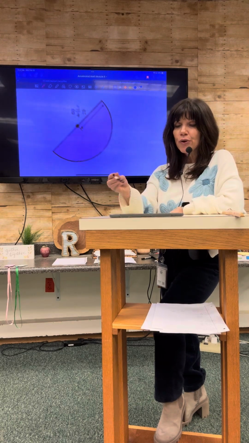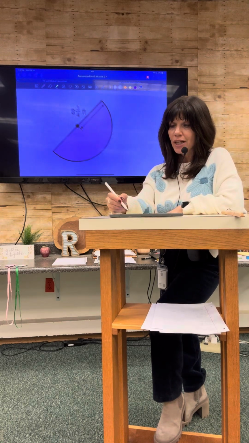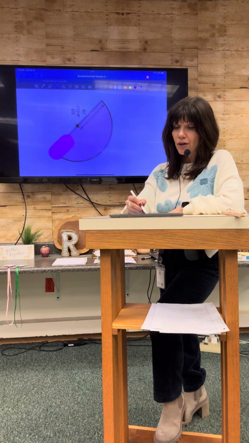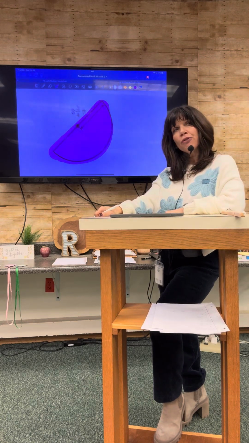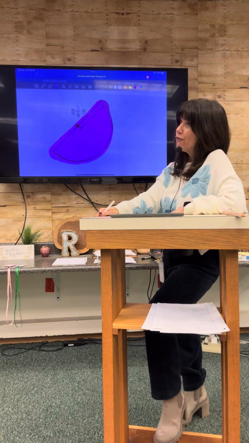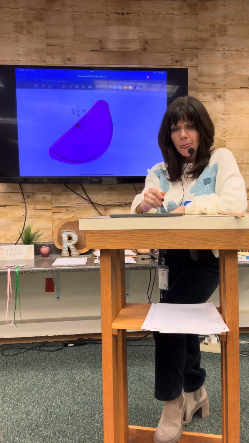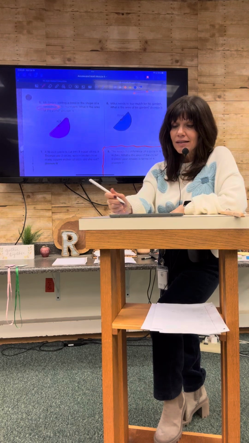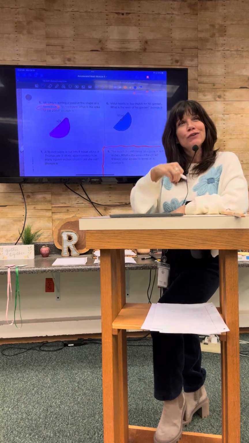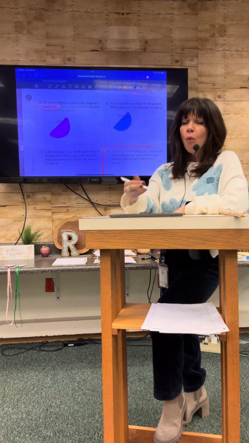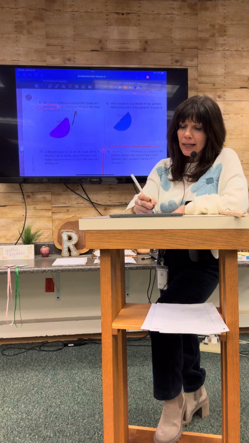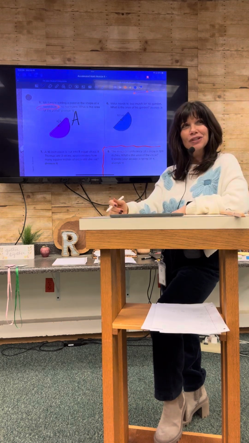Class, as you note, the shaded portion of this semicircle, is it a whole circle worth, 1/3, 1/2, or 1/4? Please say it. 1/2. So when you realize that it's 1/2 of a circle, what formula for area do you think we should use?